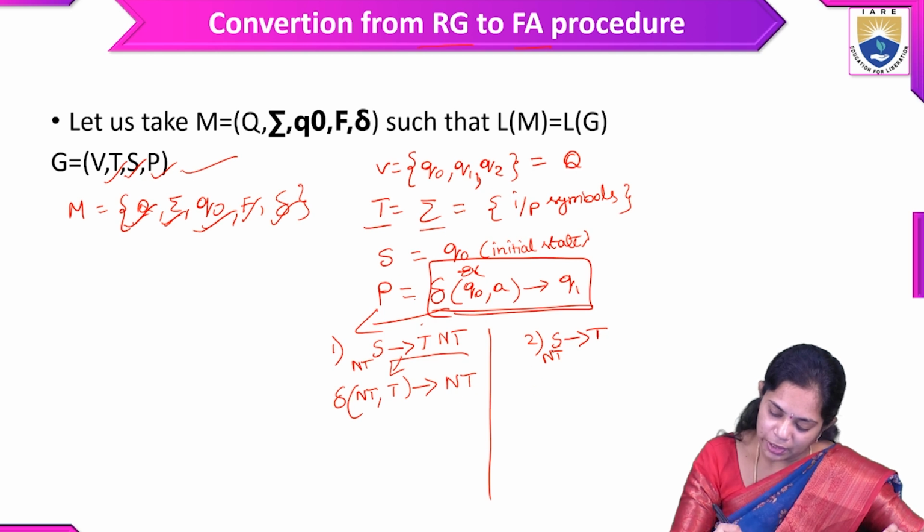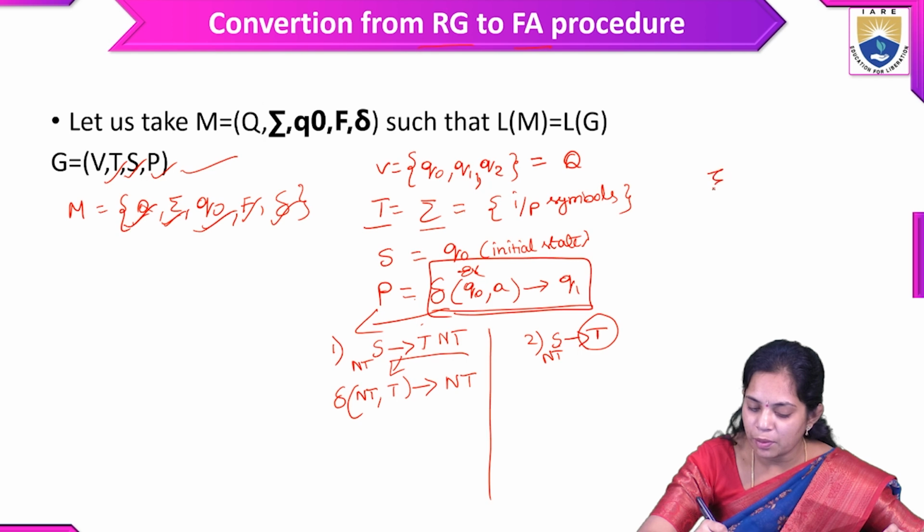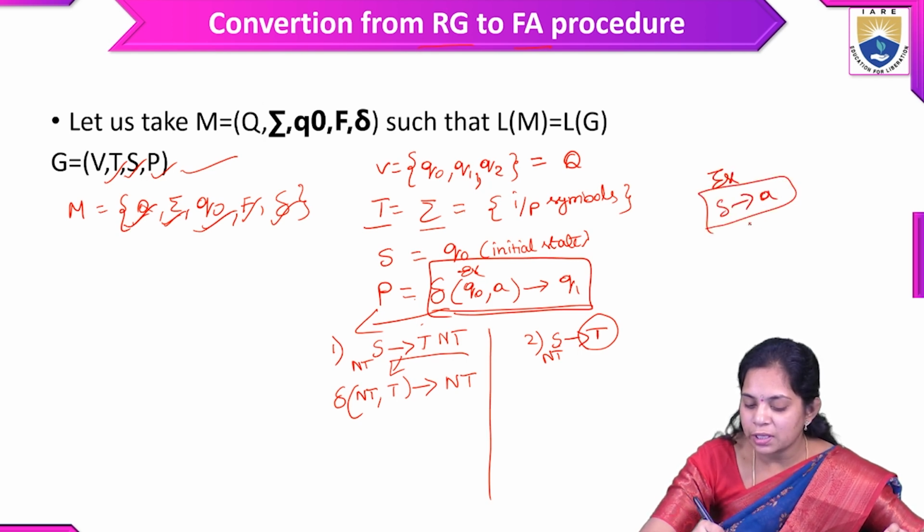And when it has only a terminal, for example S tends to A, it reaches the final state.